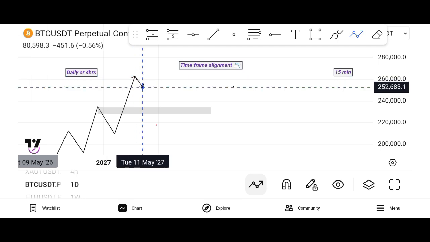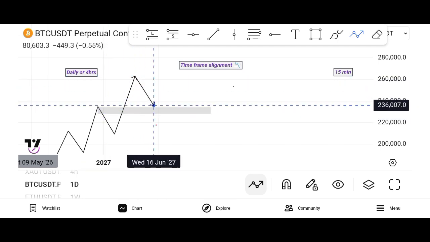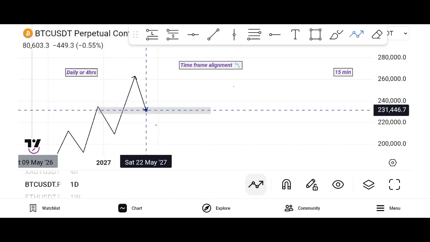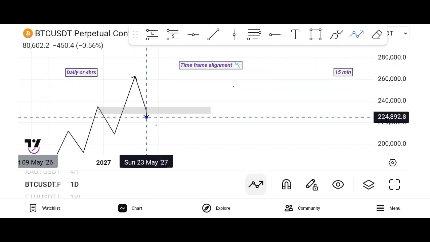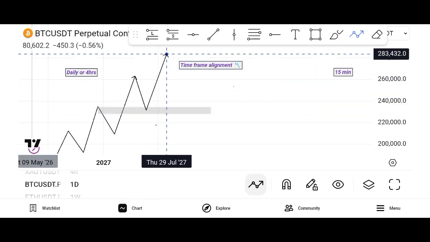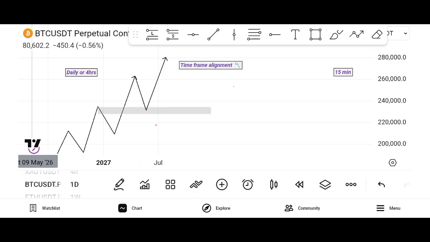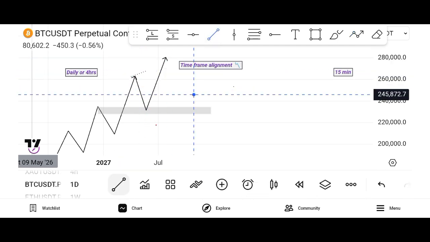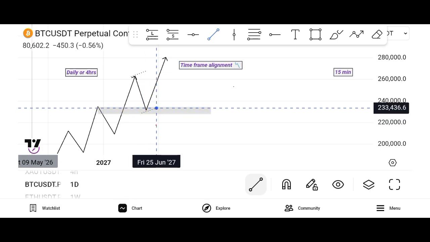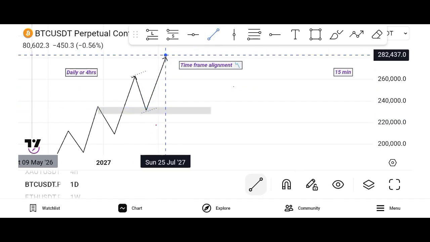We can trade the expansion down all the way to a point of interest here, and we can also trade the correctional move. We can sell this market from this point to this point, and we can also buy this market from this point to this point.